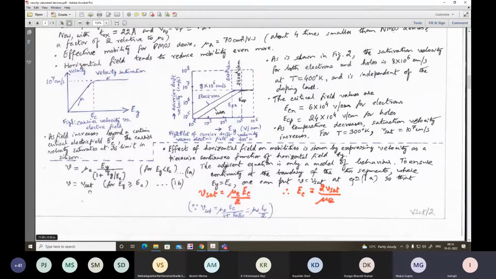Now, at the intersection of the two segments, for the sake of continuity, at the boundary of the two segments, at Ey equal to Ec, the velocity is kept as the critical velocity, that means the saturation velocity.